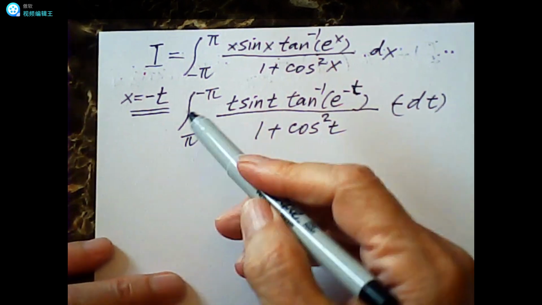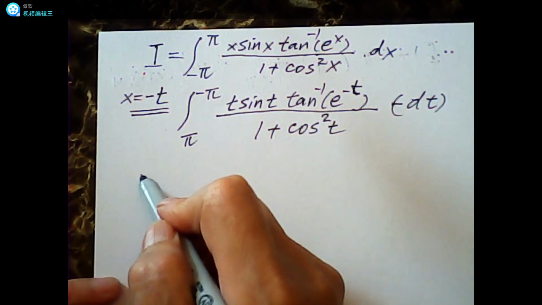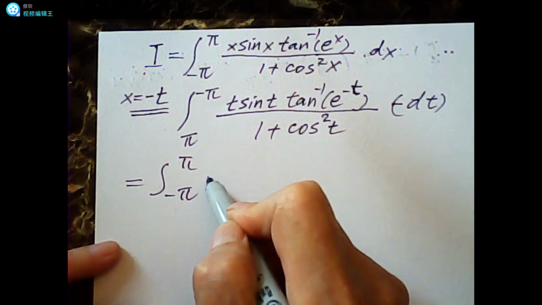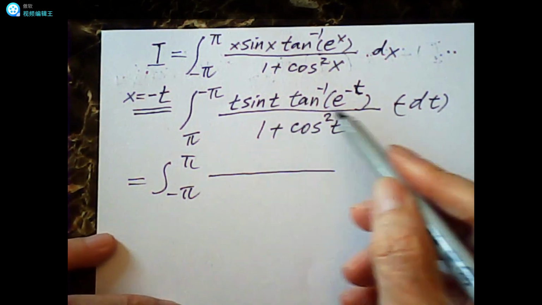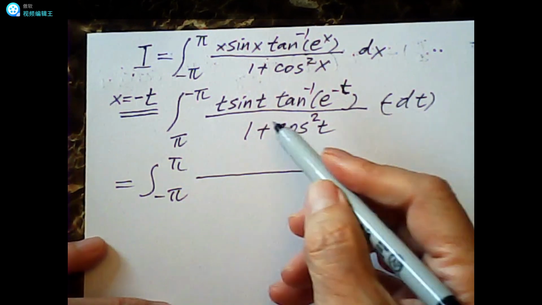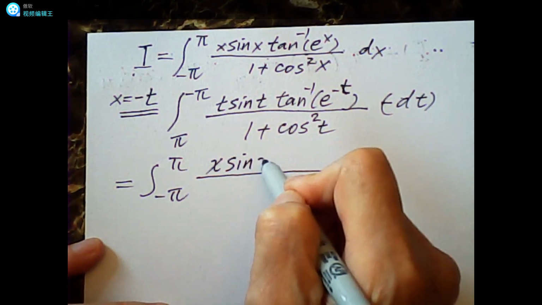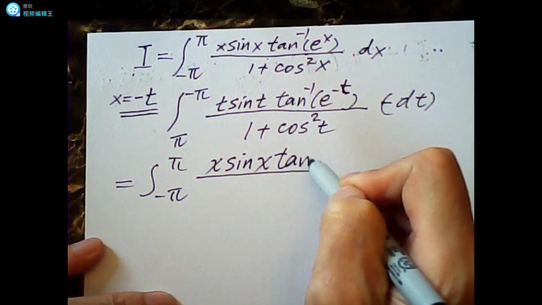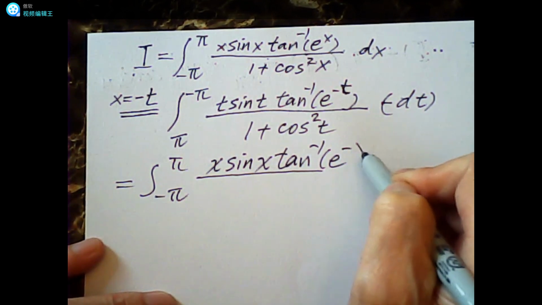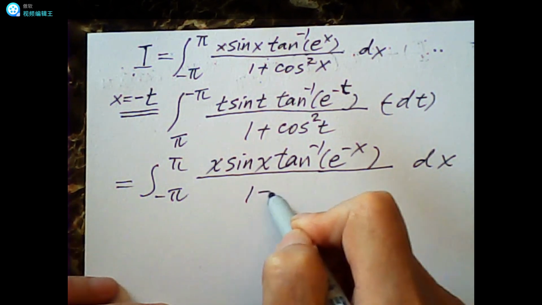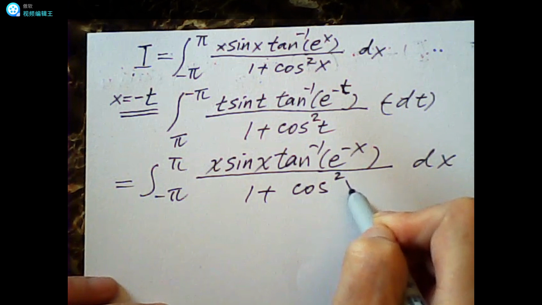And I use this negative to switch so that the boundary becomes from minus pi to positive pi. Now I write the x because they are dummy variables: x sine x arctangent e to the negative x dx over 1 plus cosine square x.